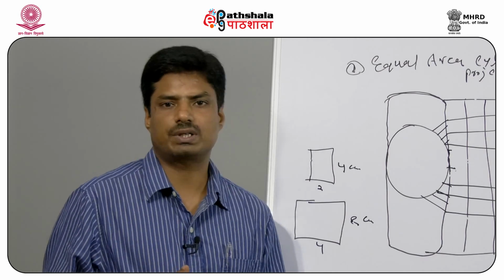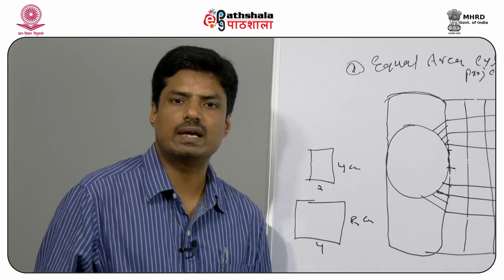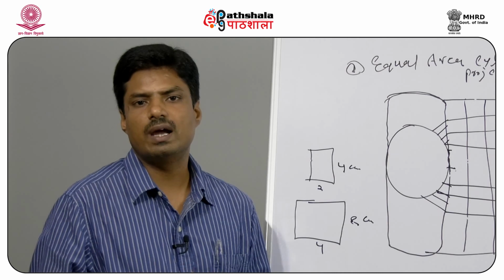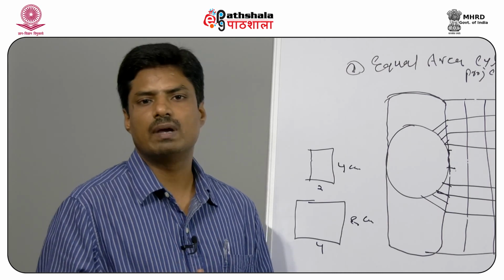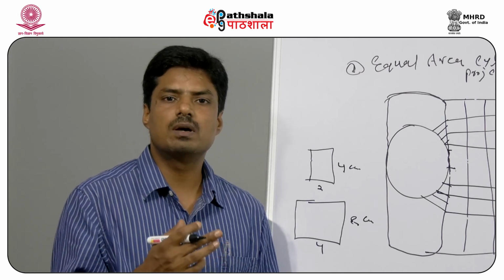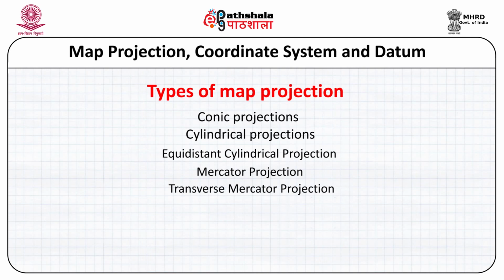With the passage of time, in the 16th century and in the 17th century, people worked on Mercator's projection and tried to improve it. And the improved version of Mercator's projection is the transverse Mercator's projection. Transverse Mercator's projection is the modified version of Mercator's projection.